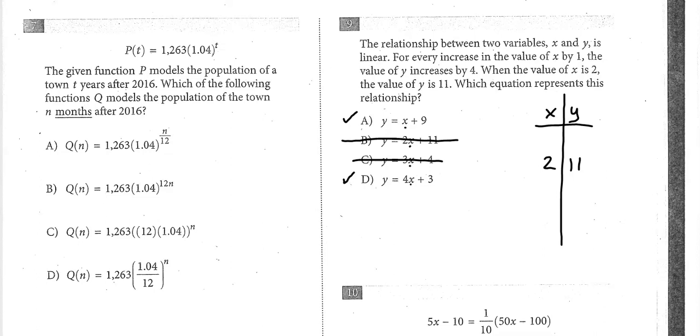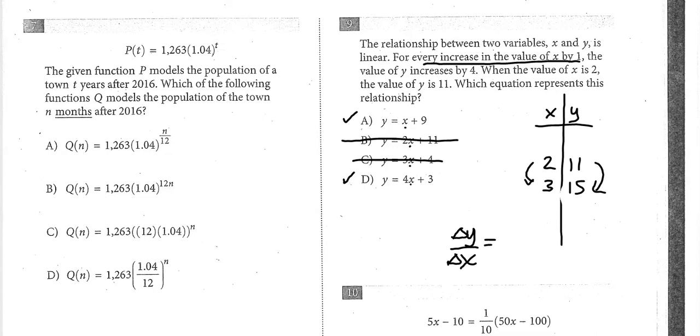But then you got this other clue. It says for every increase of x by 1, the other one increases by 4. So basically that gives me the slope. Remember, slope is change in y divided by change in x. There was one like this earlier on the test.